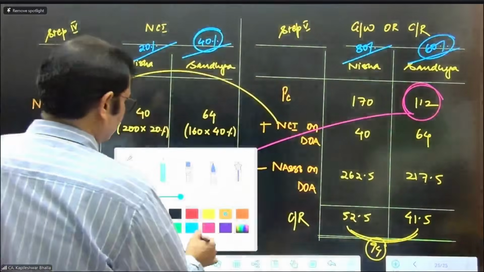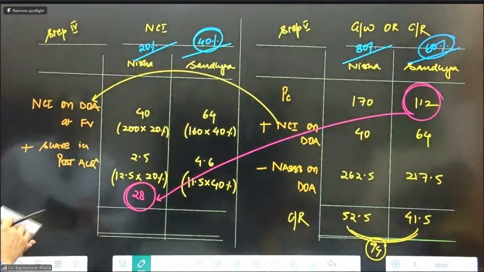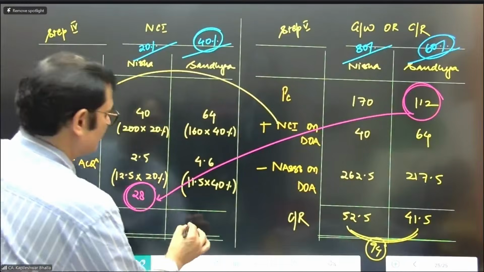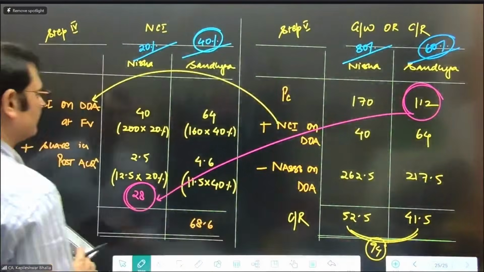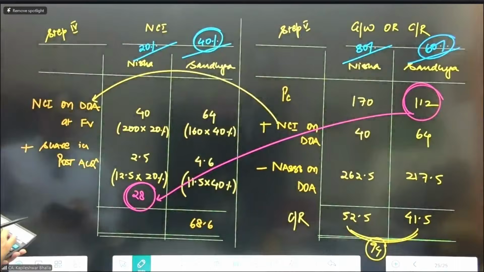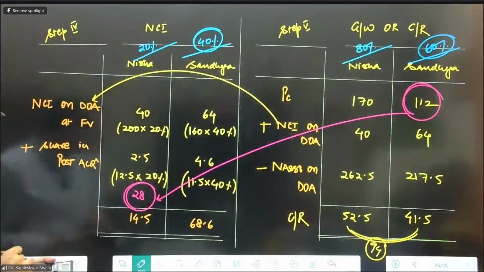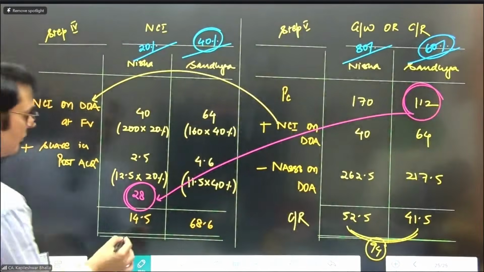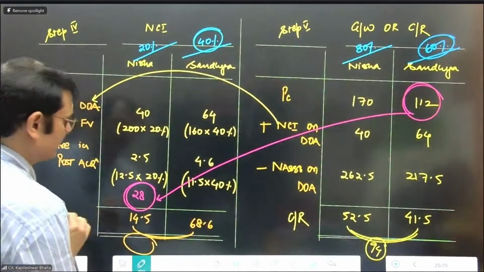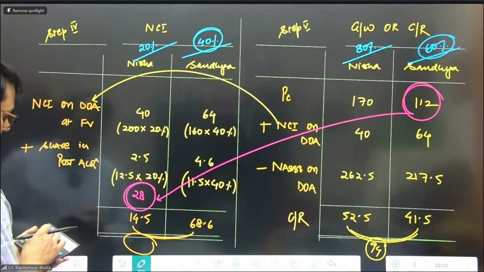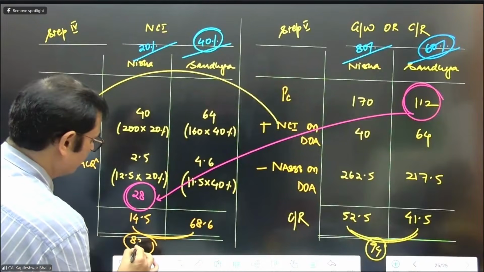So now let's get the information. This is a total of 68.6 for Sandhya. And this is minus 28. That comes to 14.5. So we can take the sum total of this as well for the balance sheet perspective. So 68.6 plus this, that comes to 83.1.